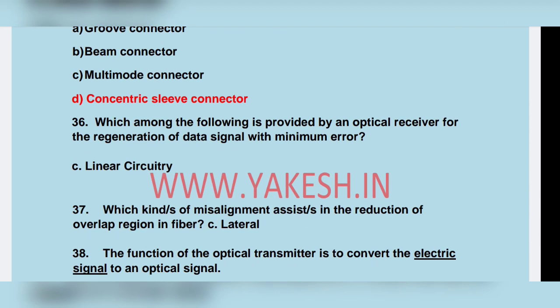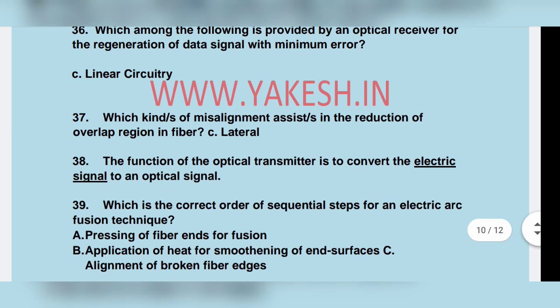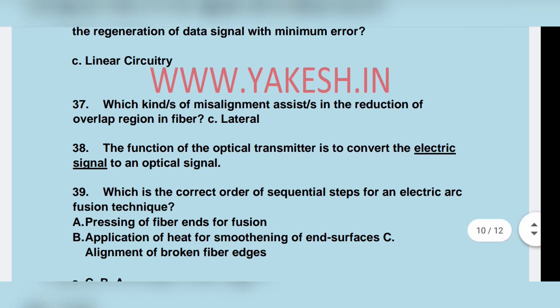Which among the following provides the optical receiver for the regeneration of the data signal with minimum error? Option C. Linear circuitry. Which kind of misalignment assists in the reduction of the overlap region in fiber? Option C. Lateral. The function of an optical transmitter is to convert the electrical signal to an optical signal.